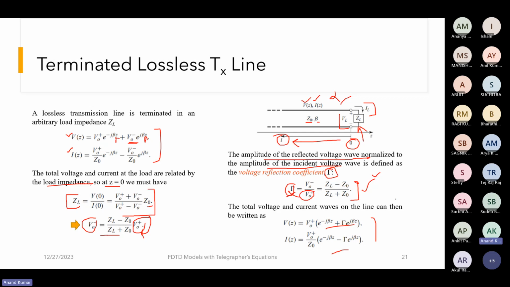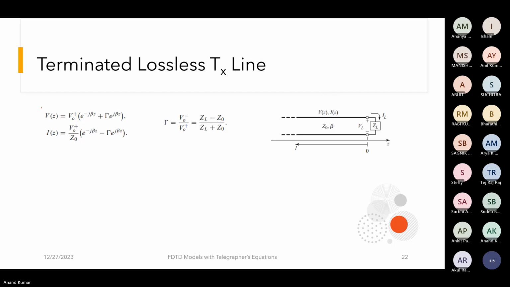Okay, so we'll proceed. This is the expression for voltage and current we got in terms of the incident voltage and the reflection coefficient, and the expression for the reflection coefficient in terms of incident and reflected voltages, and the load impedance and the characteristic impedance.